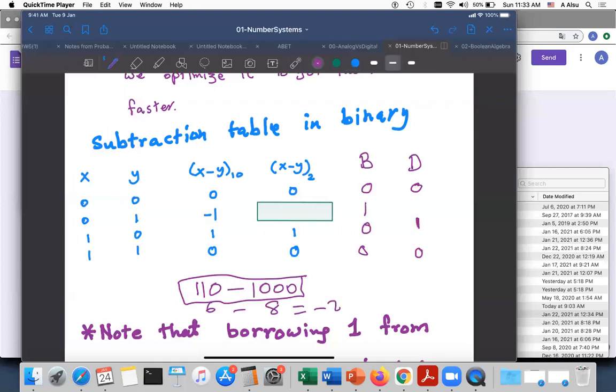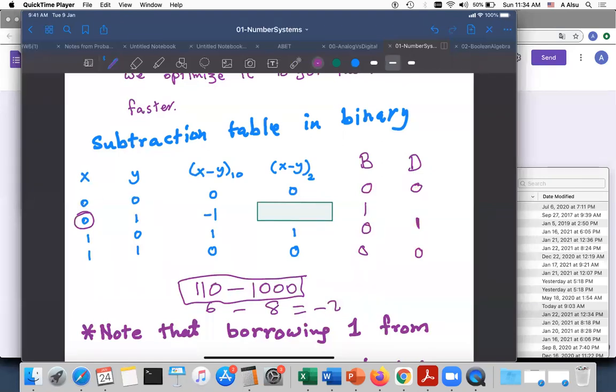When we borrow 1 from the next stage, what will x be? When you borrow 1, x is 0 now, and if you borrow 1 from the next stage, x will become what? 1 0. Yes. 2. Excellent. It's 2 in decimal. Yeah, it's 2.